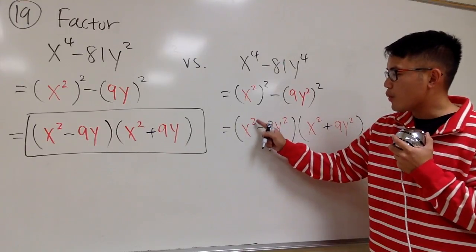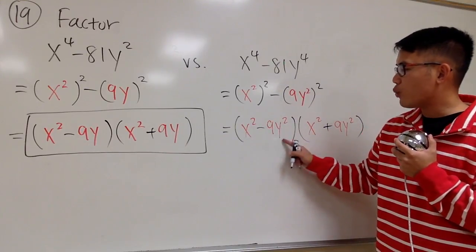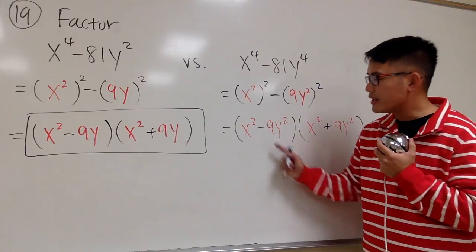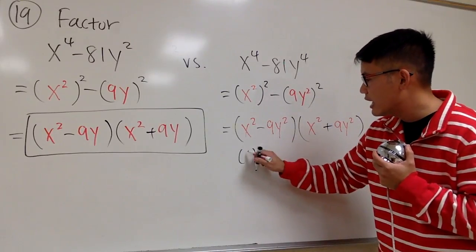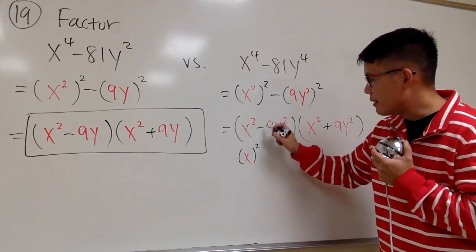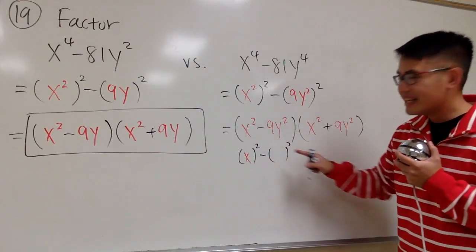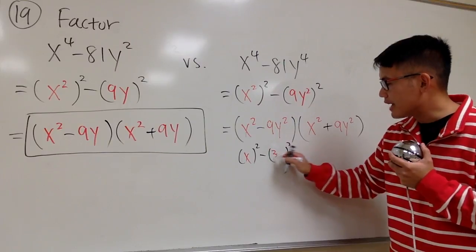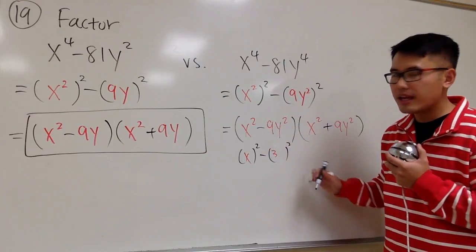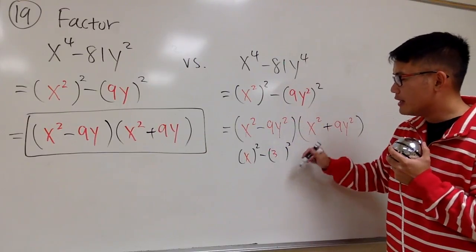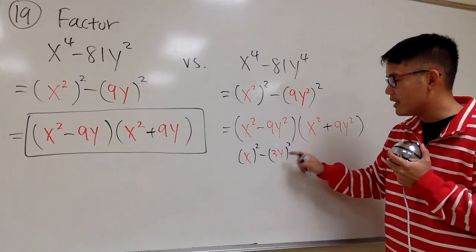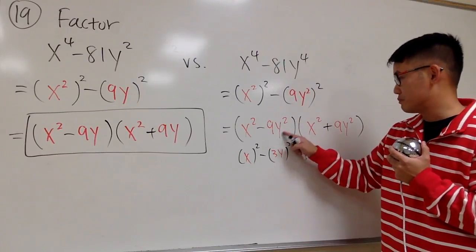And take a closer look right here. This is x squared minus 9y squared. What we can do right here is that we can look at this as x squared and then minus something to the second power, right? I can put a 3 inside. 3 squared will give us a 9. And this time we have y squared, so I can put down a y inside because we can get y squared right here.